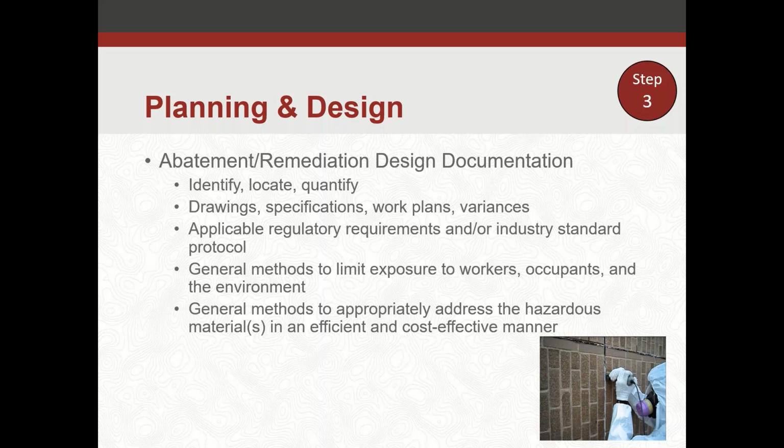Then you want to look at, when you're doing an abatement plan design, specifying the applicable regulatory requirements, or maybe not necessarily a specific regulatory requirement, but there's an industry standard protocol for how to remediate or abate a material. For instance, mercury containing flooring. There's really no specific regulatory requirements on how to address that, but it's good to have tried and true methods to make sure that work is done efficiently, effectively, and safely.